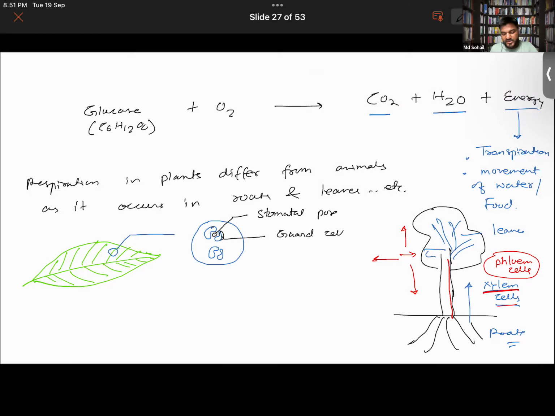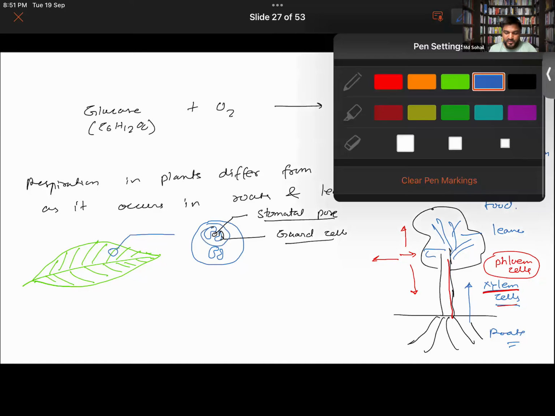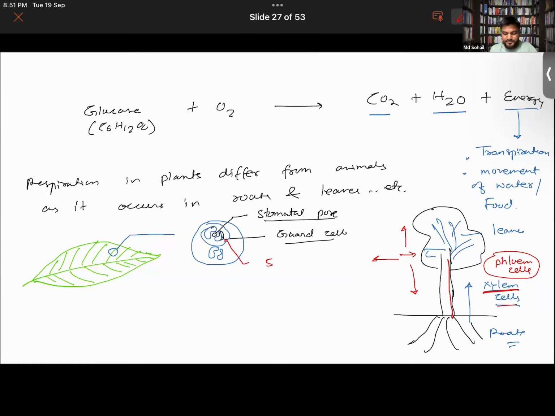Basically, they are guarding this stomatal pore here. This whole structure we call stomata. In the stomata you have got stomatal pores, and the stomatal pore is guarded by the guard cells.